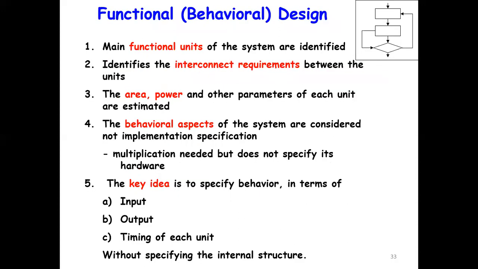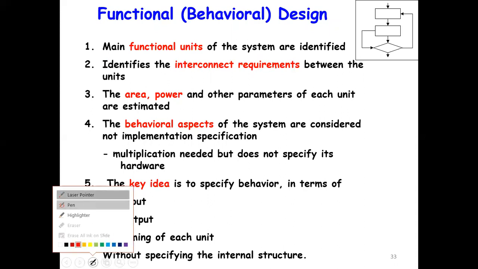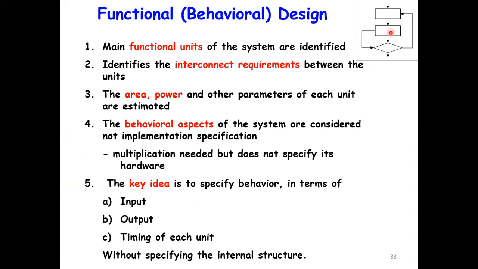Now after the architectural design, we come to the functional design. What is that? Functional design is followed by the flow chart, as you can see here. The main functional units of the system are identified, and the interconnections required between the units are identified.